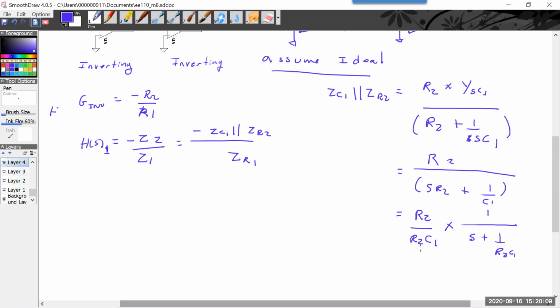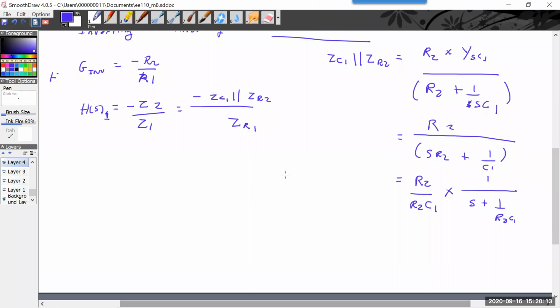All right. Now it's easier to put these things in terms of omega naught or the break frequency, which in this case is in radians per second. All right.